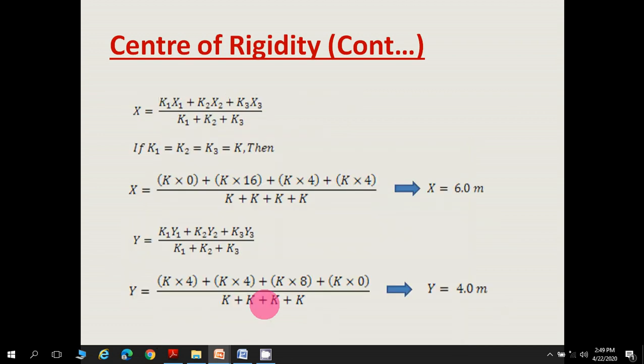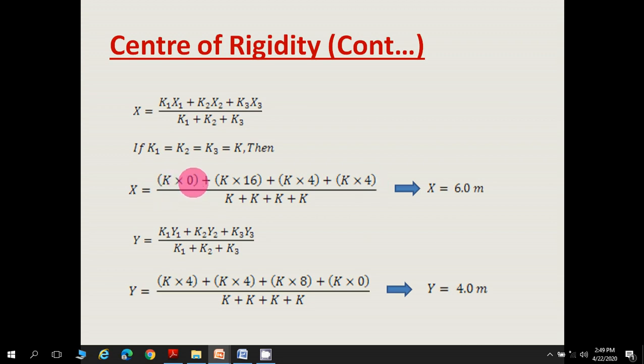Now putting in all the values. Here I have taken all the walls to have the same stiffness, which is K1 equal to K2 equal to K3 equal to K4 equal to K. Then putting the values here, K1 into x1, where x1 will be equal to 0, K2 into x2 where x2 is 16 meter, x3 is 4, x4 is 4.